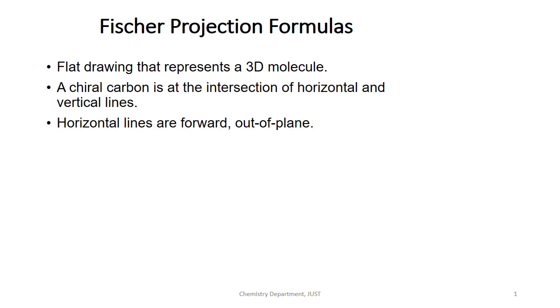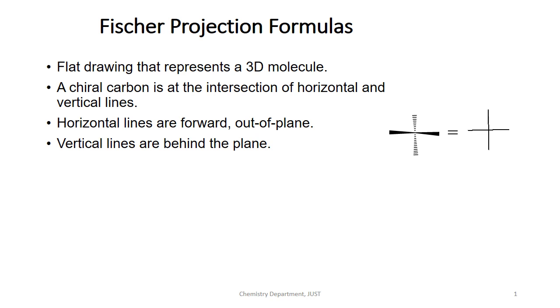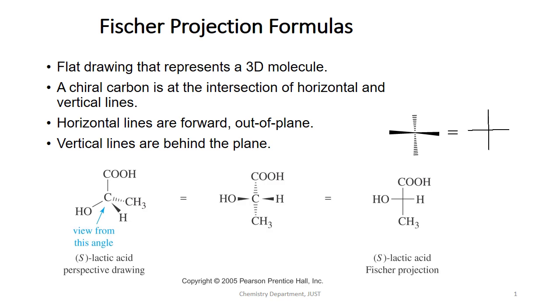In Fischer projection, we switch to have the drawing showing two groups in front, bold, and two groups in the back or rear side. The ones on the left side and the right side are front, and the ones up and below are back. And we can just draw it as lines, which means always that the left and right are forward and the up and down are backward.